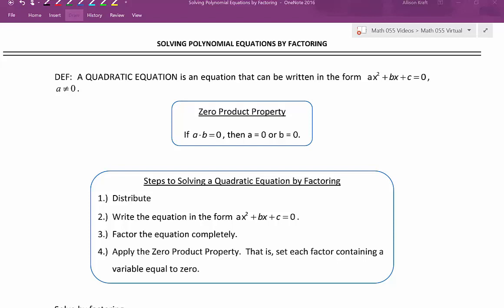Then we want to write the equation in the form ax squared plus bx plus c equals 0. Basically, we're getting it equal to 0 so that we can apply the zero product property after we factor. So once you get it set equal to 0, then you're going to factor the equation completely, apply the zero product property, and solve each resulting equation.